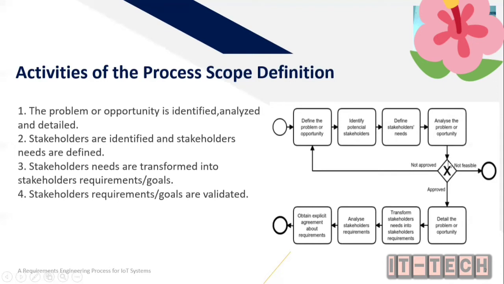Here, if the system is not approved, then it will go to the first step, that again defines the problem or opportunity. If it is approved, then it goes to detail the problem or opportunity. Detail the problem or opportunity means if the construction of the IoT system is approved as a project, this activity is performed in order to produce a more detailed definition of the problem or opportunity.